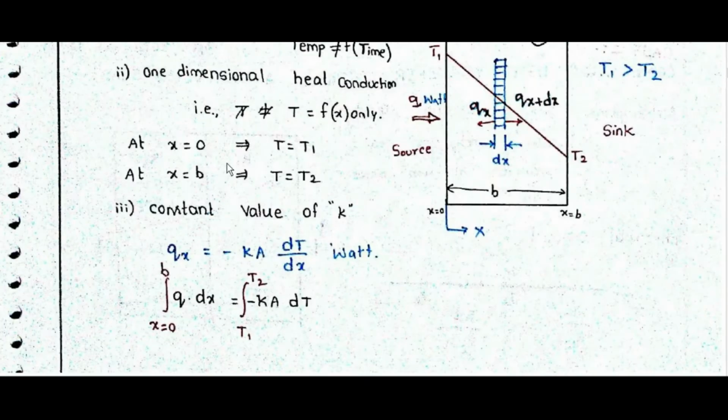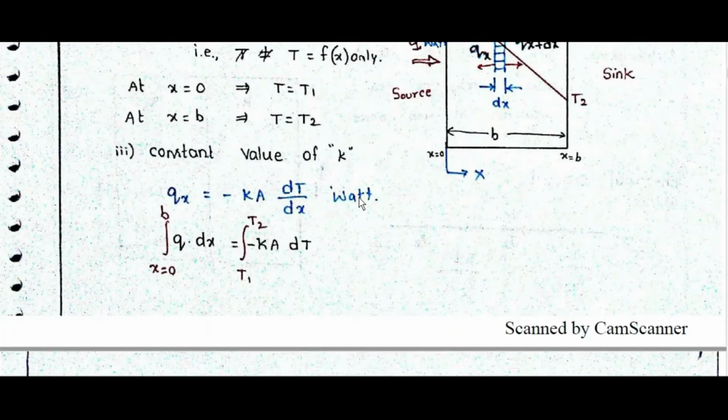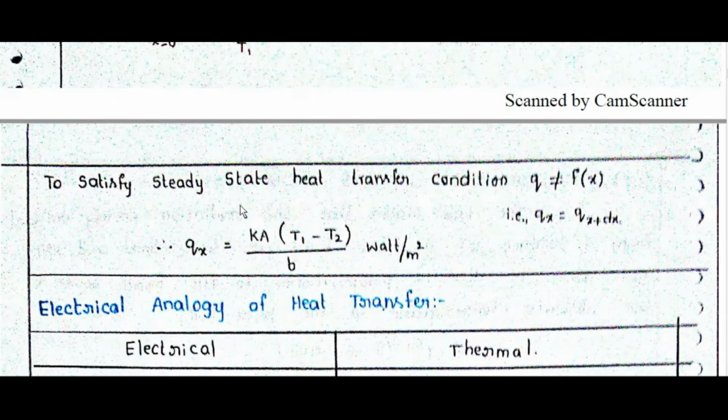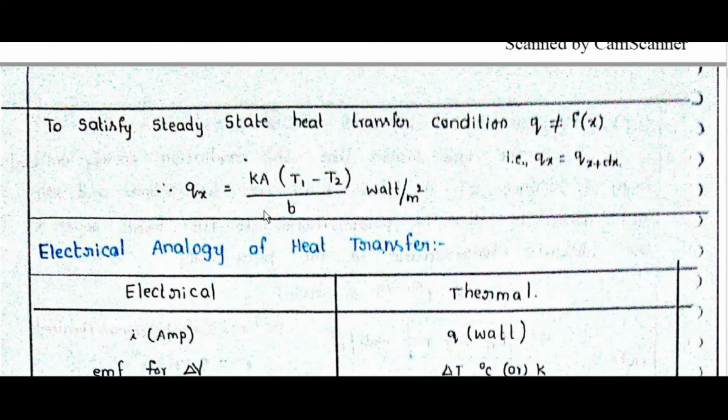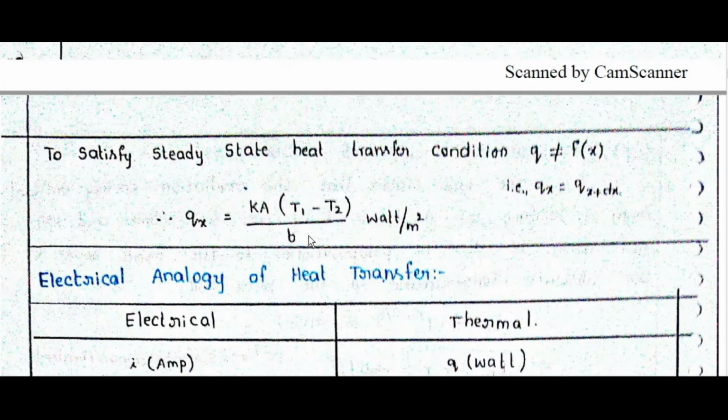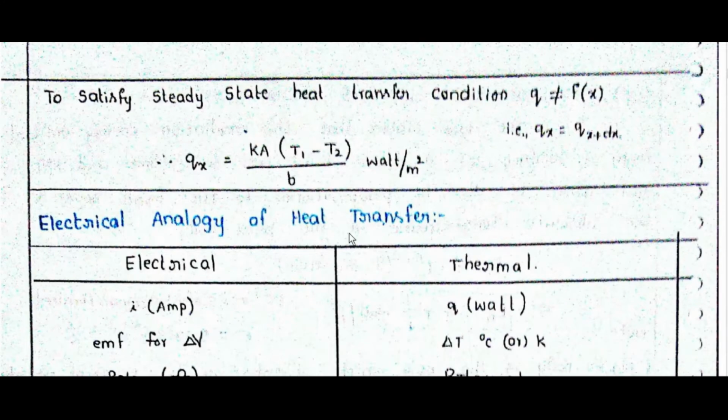At x equal to 0, T is equal to T1, and at x equal to b, T is equal to T2. Constant value of K, Q_x is equal to minus K A dT by dx watt. Integral from x equal to 0 to b is equal to integral from T1 to T2 of minus K A dT. To satisfy steady state heat transfer condition, Q is not a function of x, Q_x is equal to Q_(x plus dx). Q_x is equal to K A (T1 minus T2) by b watt.